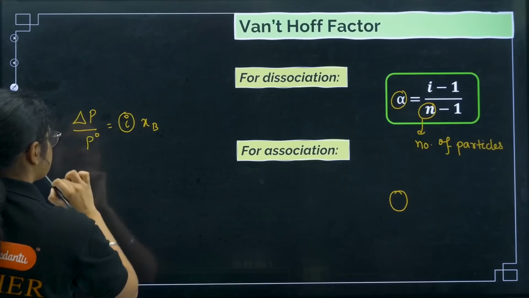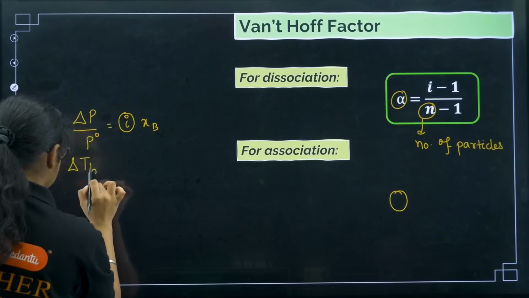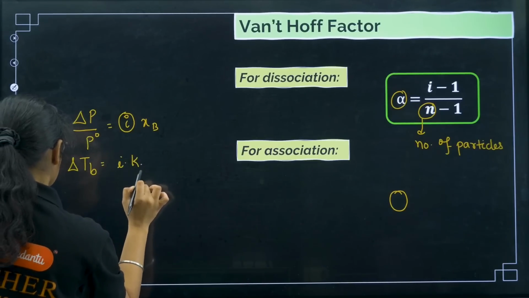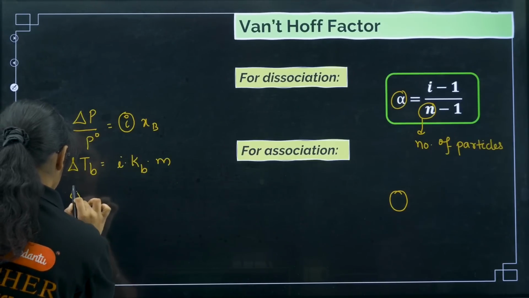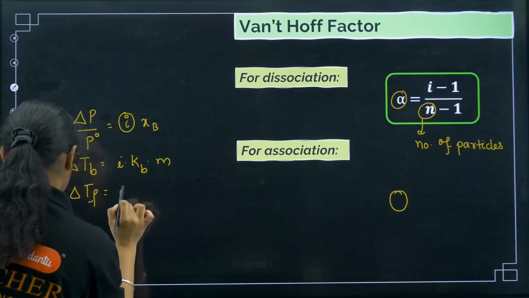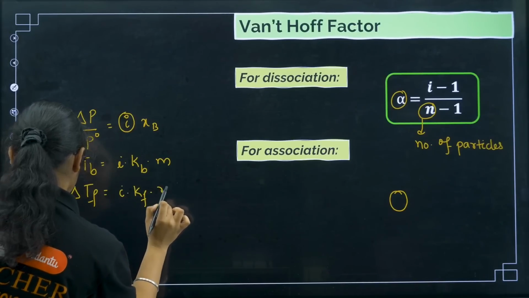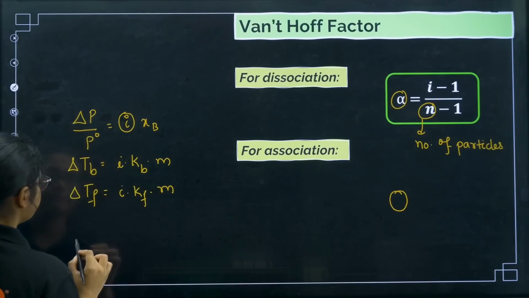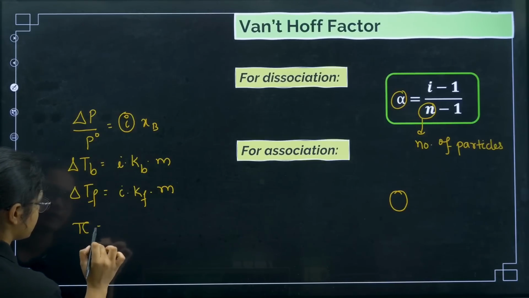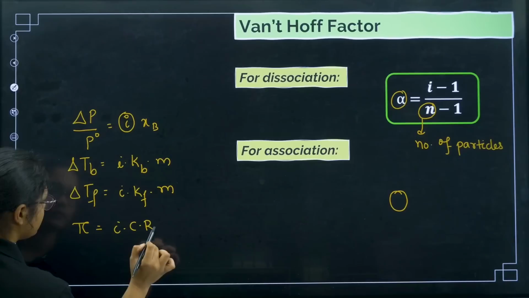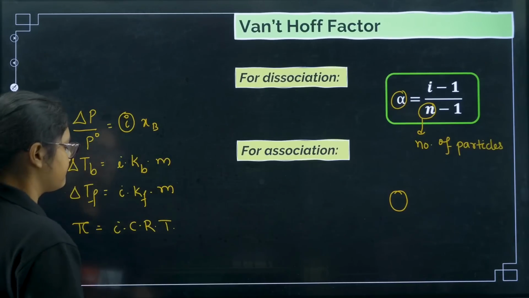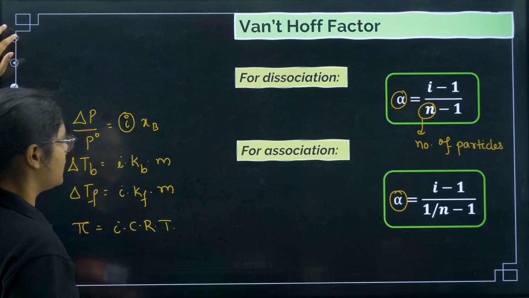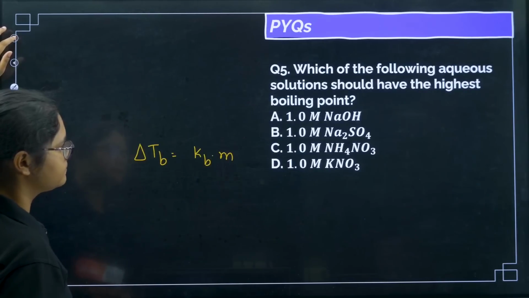This i factor is considered. Similarly, delta Tb is equal to i into Kb into m. Next we have delta Tf is equal to i into Kf into m. Next, osmotic pressure is i into C into R into T. Clear? Okay, now moving forward.